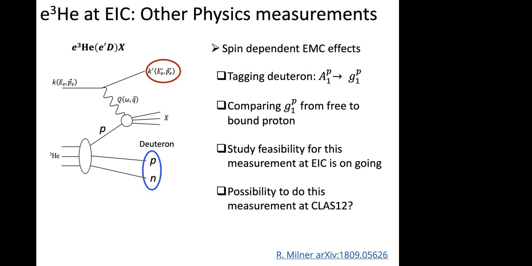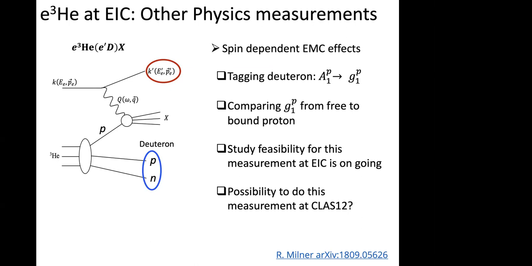I think that is really good to do, and it's not just for the EIC. At this point, I'm putting effort in with other collaborators to check if we can do this type of measurement at JLab as well, JLab 12, before we have the EIC.